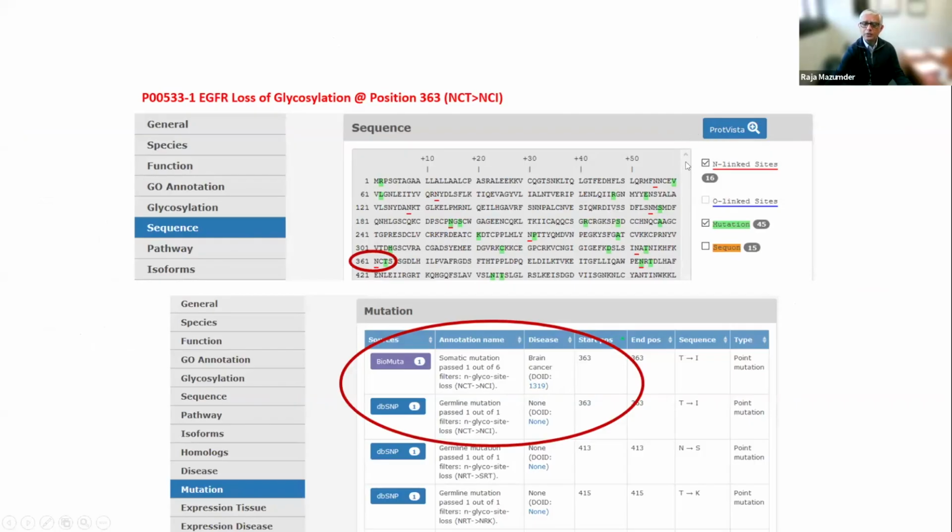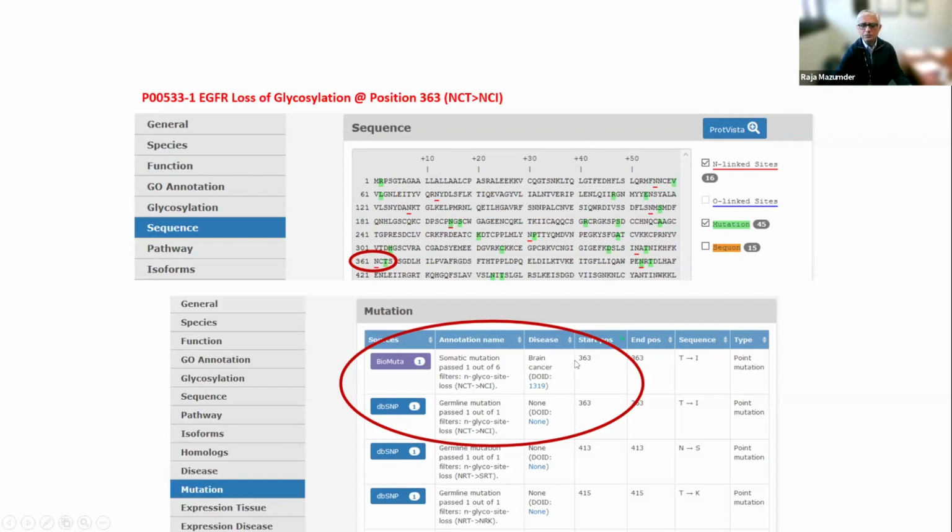We collaborate with them, and it's also integrated within GlyGen. You can have a nice graphical image. Here, if I click on N-link site, okay, so I have all the N-link sites. Then I want to know which of those sites had mutation. So it turns out that there is mutation information here for this particular position 361.